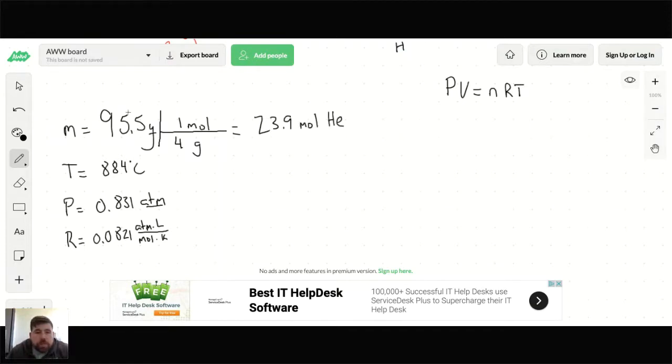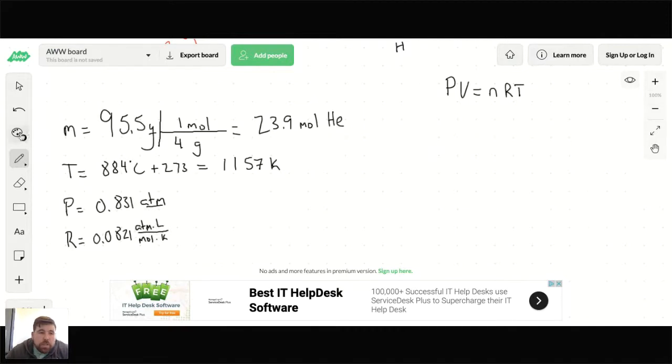I started with 3 significant figures and I ended with 3 significant figures. Remember, to convert between Celsius and Kelvin, I add 273 to my Celsius value. So 884 plus 273 gets us 1,157 Kelvin. Once again, our pressure is in the right unit, and our R is as well.